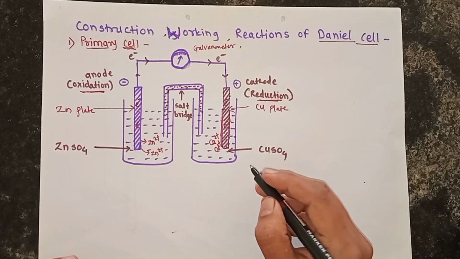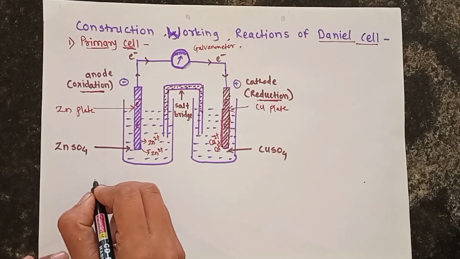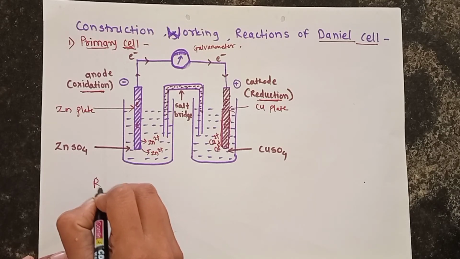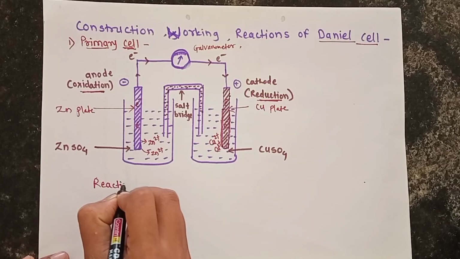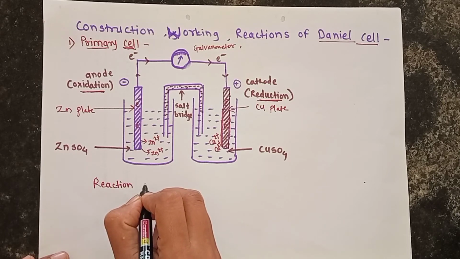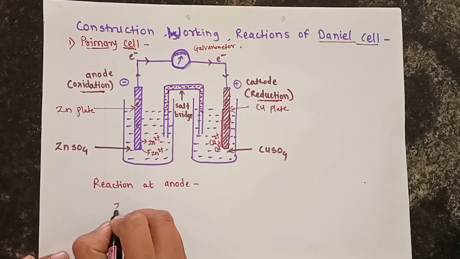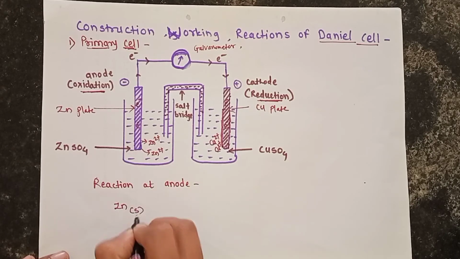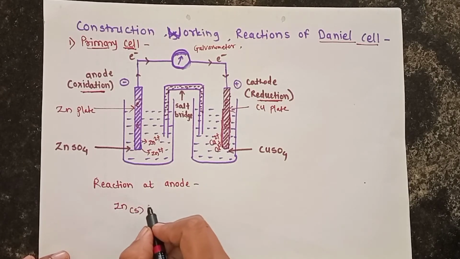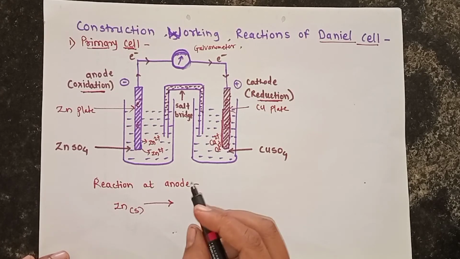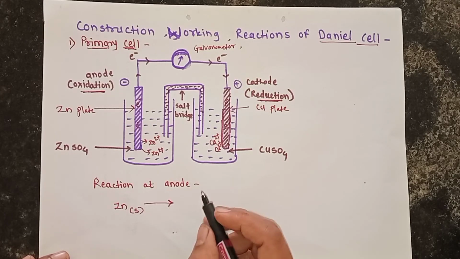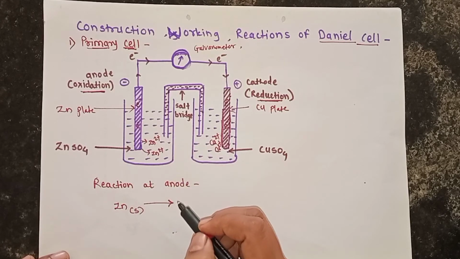So let's see the reactions that take place at the cathode and the anode. Firstly, we discuss the reaction at the anode. At the anode, a solid zinc plate is there. This zinc plate has a greater tendency to form Zn2+ ions in the solution, and electrons.